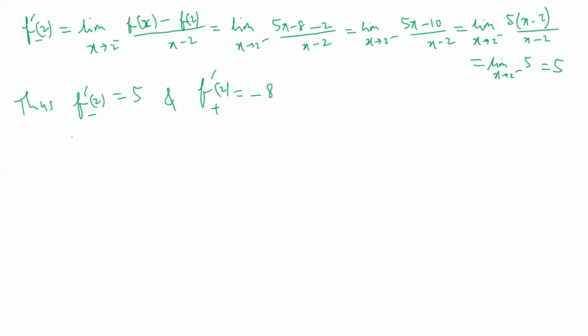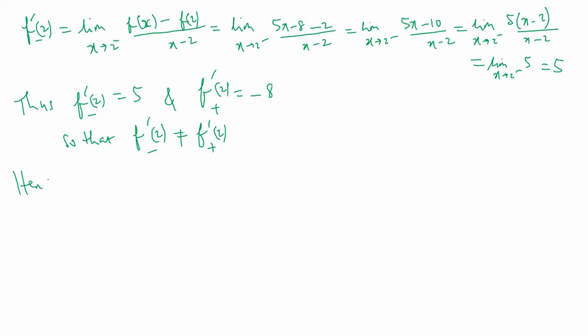And that's so that f prime at 2 from the left is different from f prime at 2 from the right. So these derivatives are not equal, so the function is not differentiable.